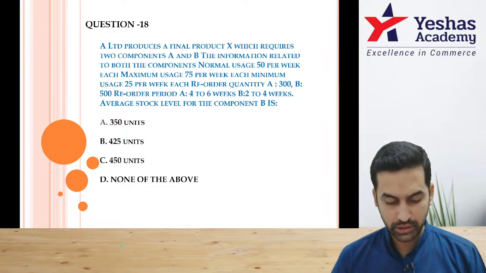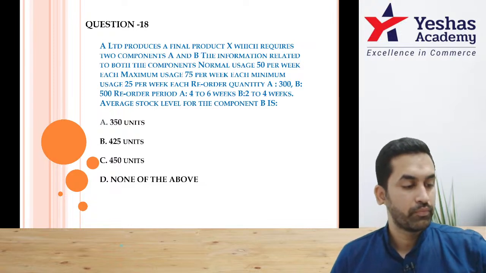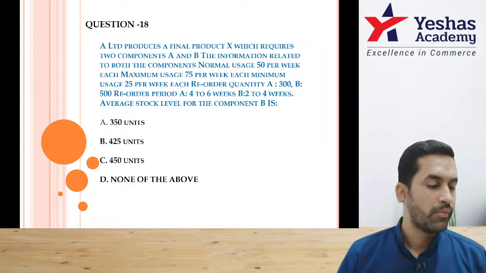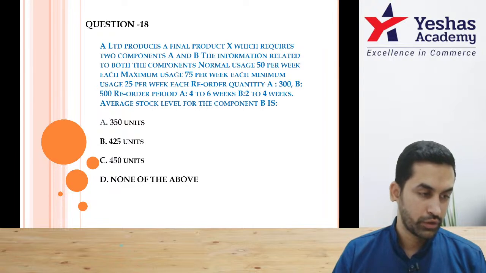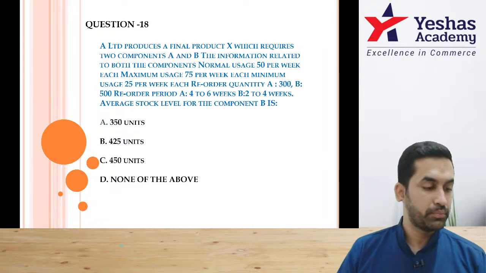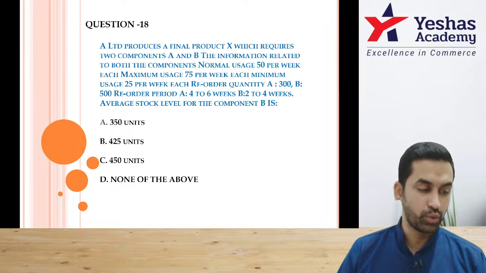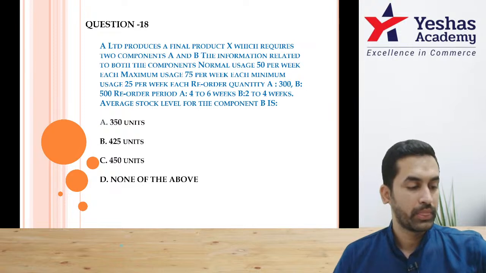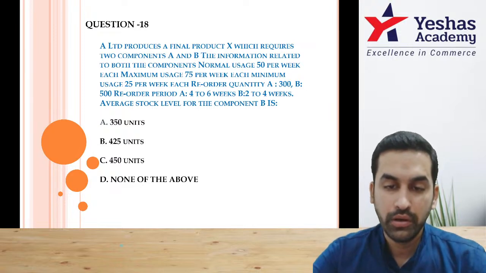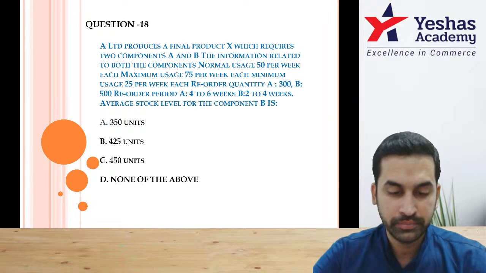Who will answer first? Question is average level. So you need minimum, you need maximum, then minimum plus maximum by 2. I am waiting for your answer.